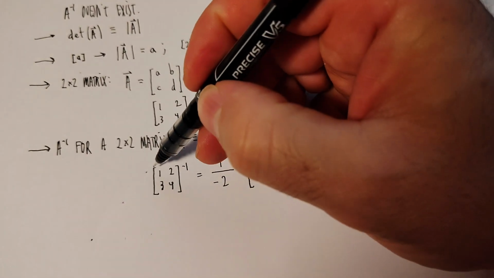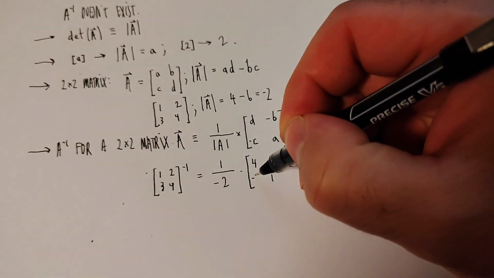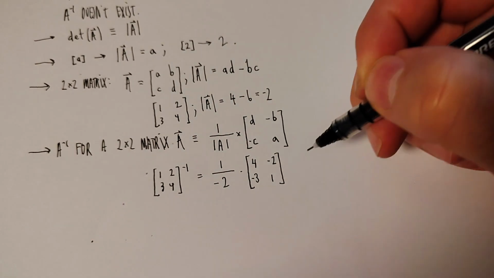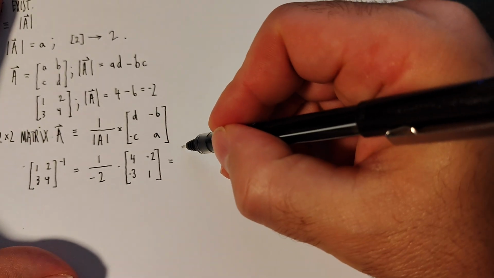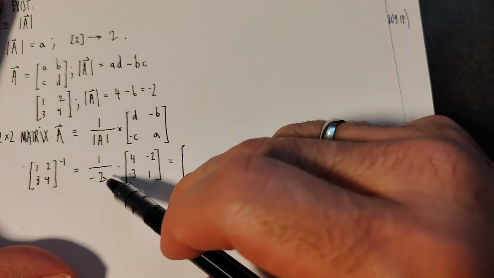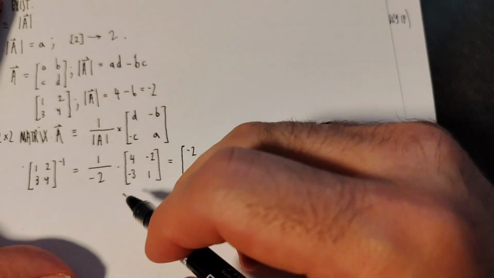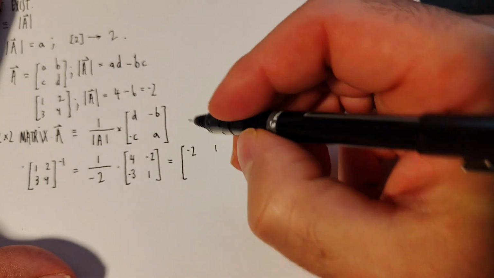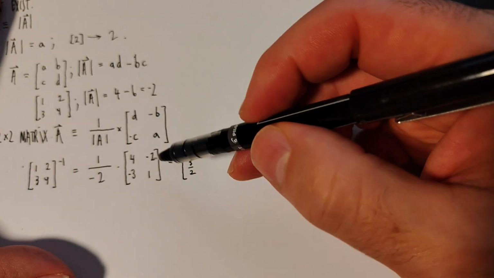So we put a 4 up there and a 1 there, and we multiply the off diagonal entries by negative 1. So it's negative 2, that's negative 3, and then this becomes the following matrix. That's negative 2, this is positive 1, that is positive 3 halves, and then negative 1 half.